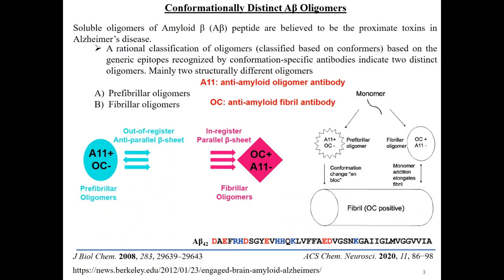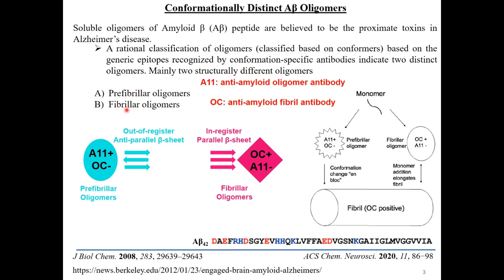It has been shown that soluble oligomers of A-beta correlate better with disease progression, and they can be classified based on their reactivity towards conformation-specific antibodies. For example, you have two types of oligomer: prefibrillar oligomers, which are recognized by the A11 antibody, that is the anti-amyloid oligomer antibody.